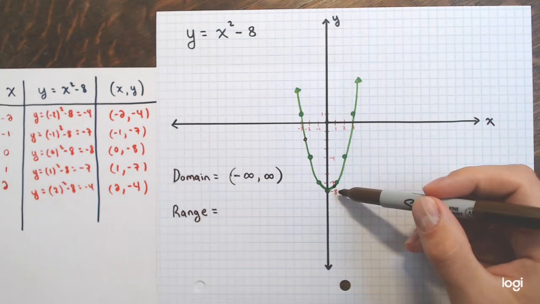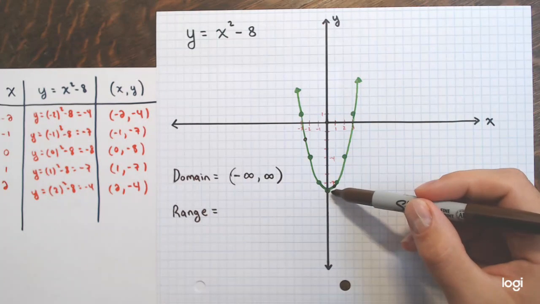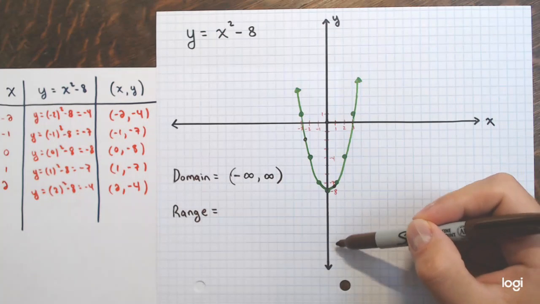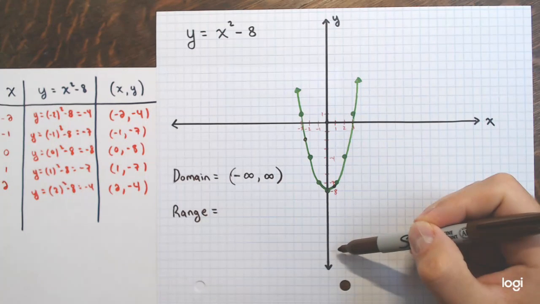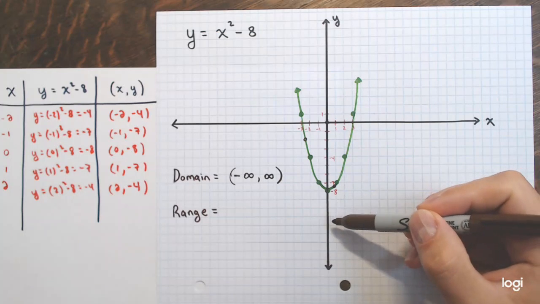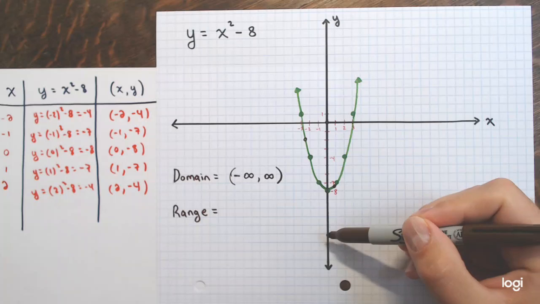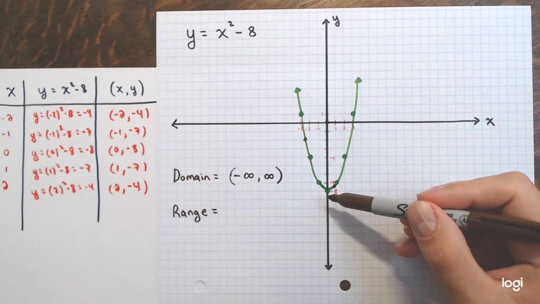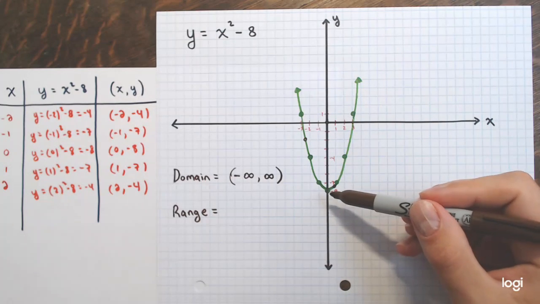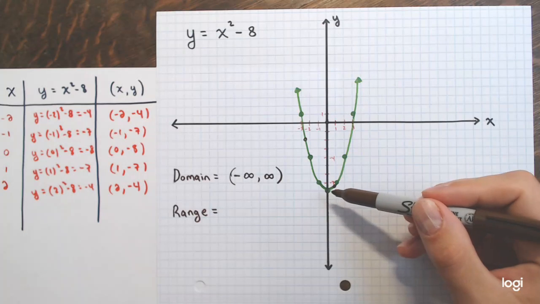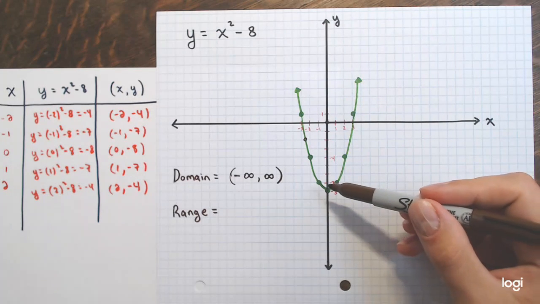So from this picture, I'm seeing negative 8 is the y coordinate of a point, and that is the lowest one. Negative 9 isn't. There's no graph down here below negative 8. Negative 8.5, negative 8.2 even, negative 8.01 isn't. Negative 8 is the lowest y value in the range.